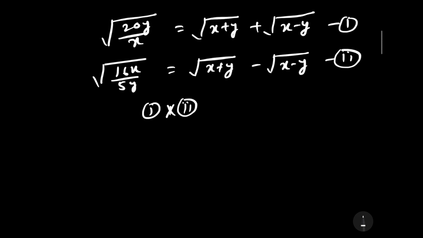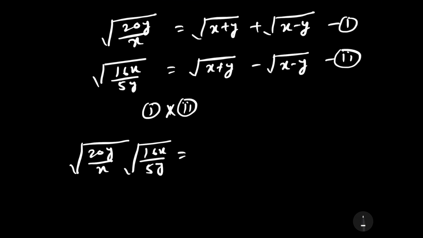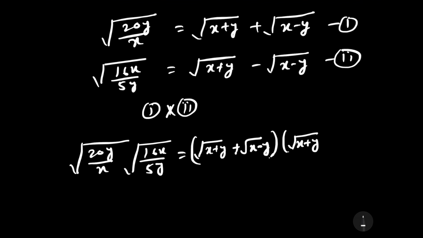Multiplying 1 and 2, we will have square root of 20y upon x into square root of 16x upon 5y is equal to square root of x plus y plus square root of x minus y, whole bracket, into square root of x plus y minus square root of x minus y.